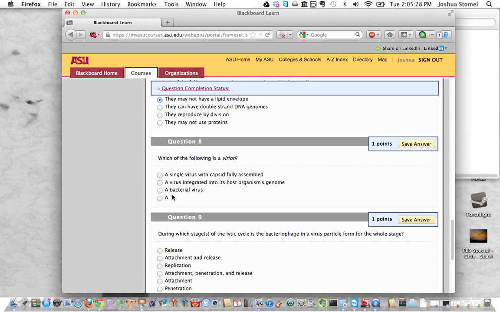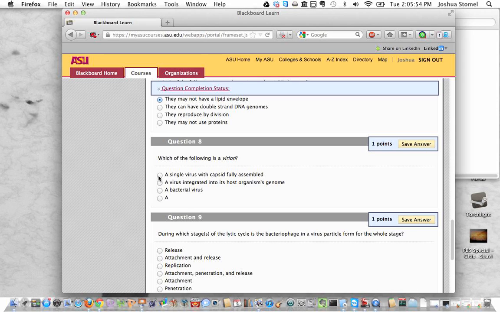And of them, a virion is a virus particle, which is a virus in its metabolically inert, mostly extracellular form, where it has its capsid and it has its lipid envelope, if it has a lipid envelope, and it's ready to go.